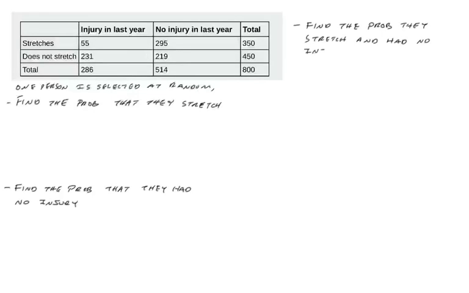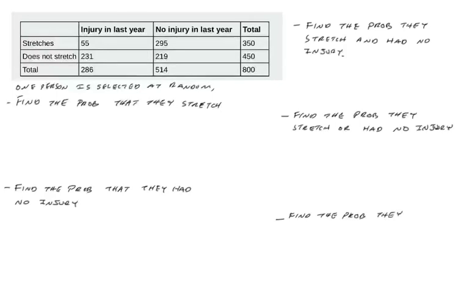We'll do a couple more here. And let's also find the probability they stretch or had no injury. And that's going to be the key thing here, that we're saying "or had no injury." And then we'll go ahead and find the probability they do not stretch or had an injury.